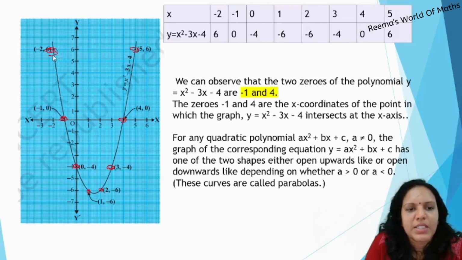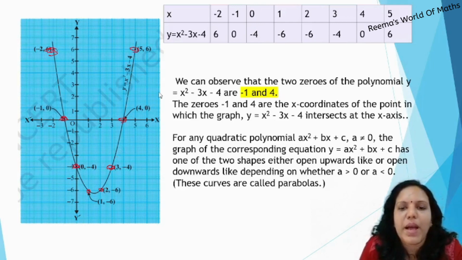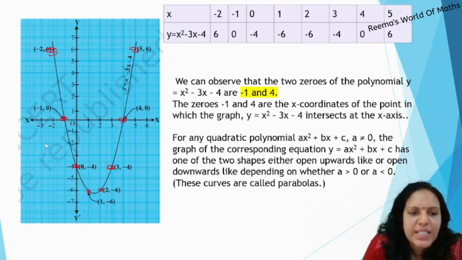So, we have connected all these points, and you can see the shape formed. It is a curve. These curves are called parabolas. And we can see the zeros of this polynomial where it has cut the x-axis at two different points.